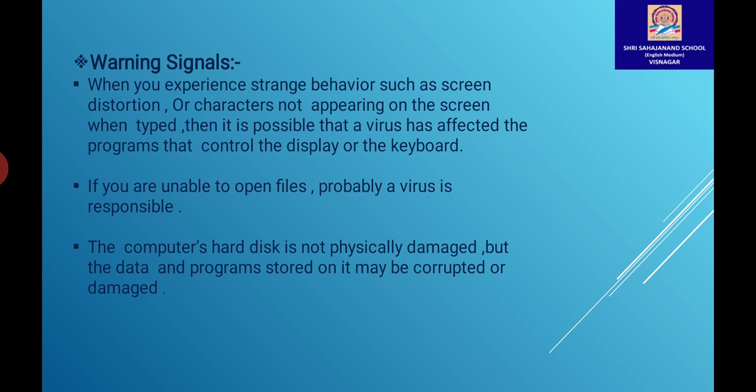When you experience strange behavior such as screen distortion or characters not appearing on the screen when typed, then it is possible that a virus has affected the programs that control the display or the keyboard. If you are unable to open a file, sometimes we click on the file and the file cannot be opened, that means a virus is responsible. The computer's hard disk is not physically damaged, but the data and programs stored on it may be corrupted or damaged.